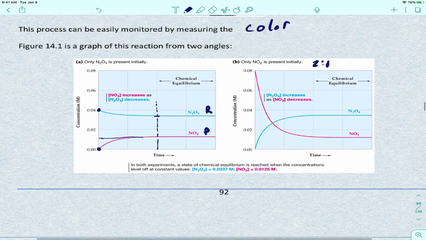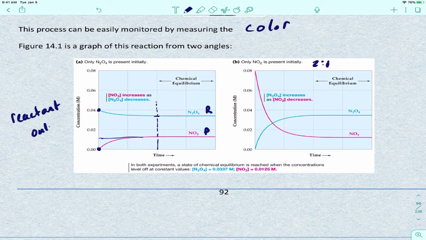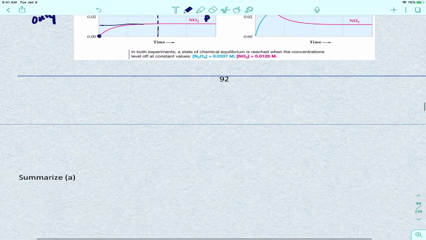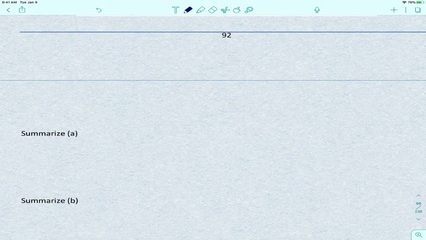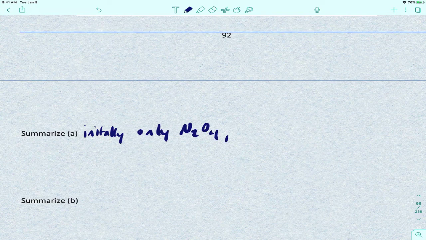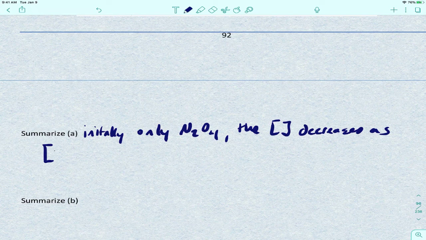So again, the graph on the left-hand side, this is starting from reactant only. And the graph on the right, this is product only. Okay, so that being said, if we summarize graph A, what we said was that initially we had only N2O4, and then the concentration decreases as the concentration of NO2 increases.